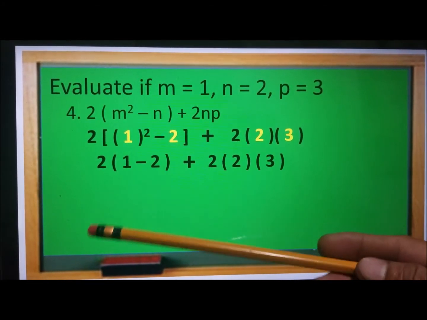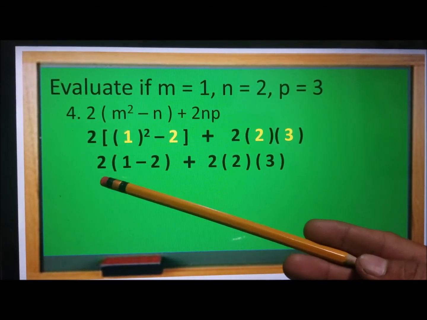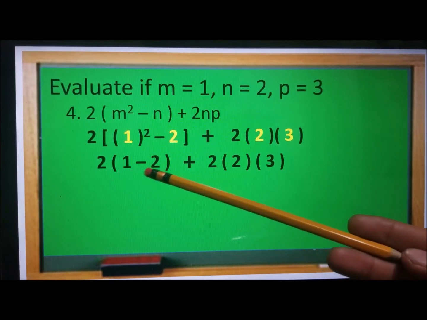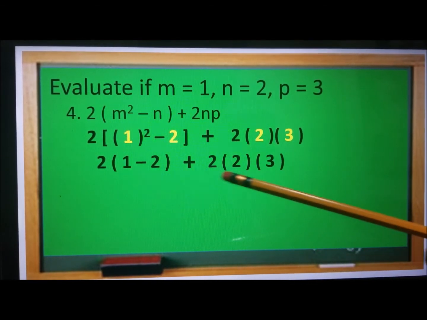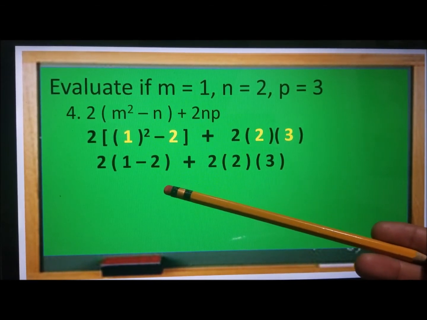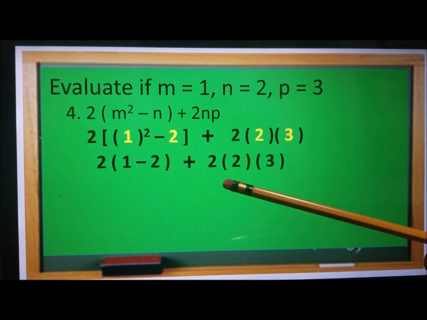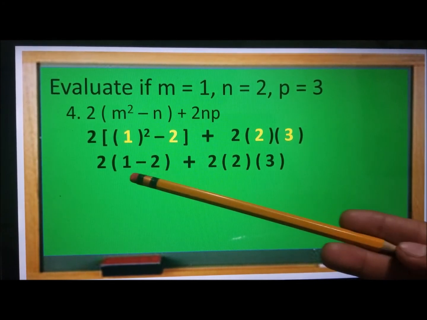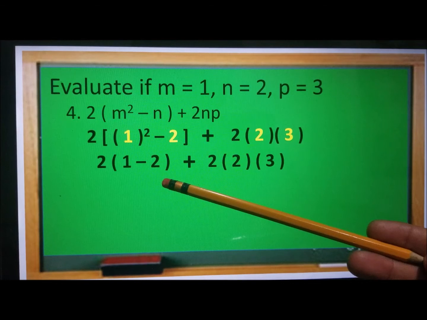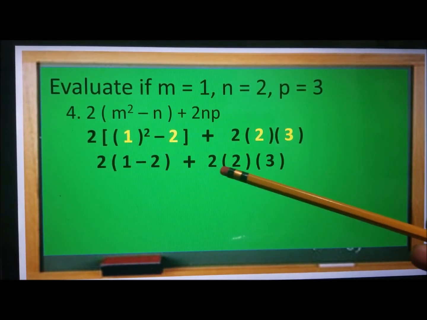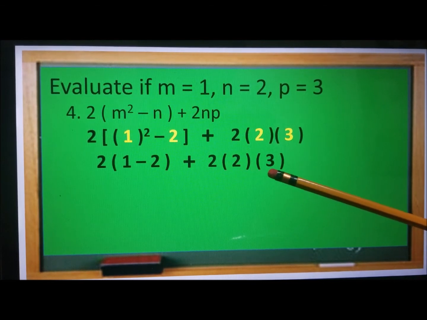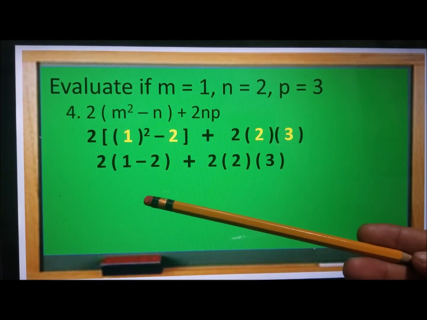After evaluating the exponents, we have now 2 times 1 minus 2 plus 2 times 2 times 3. In this expression, let's find out what operations we have now. We have a grouping symbol here, an addition here, and a set of multiplications here.